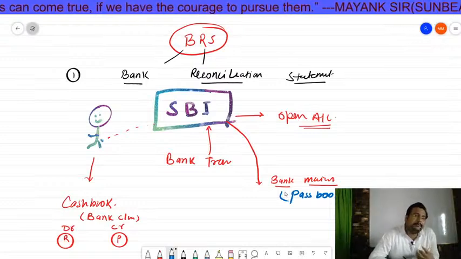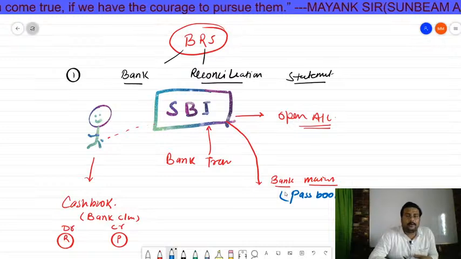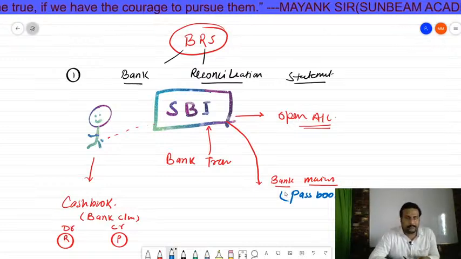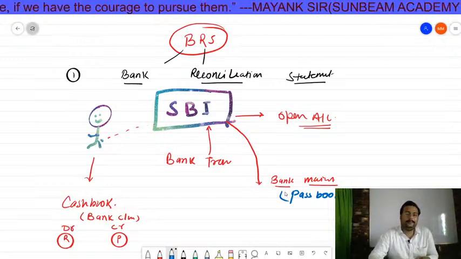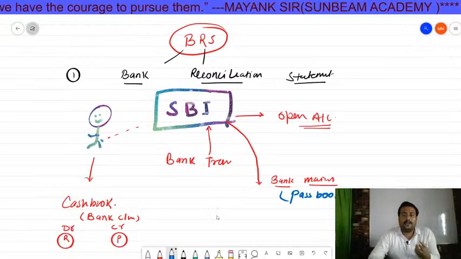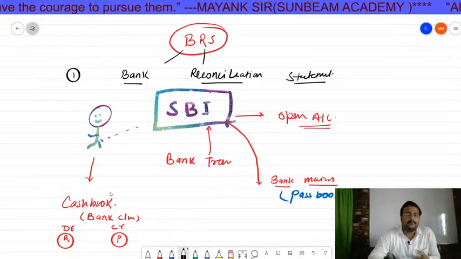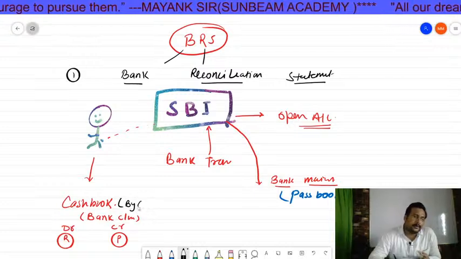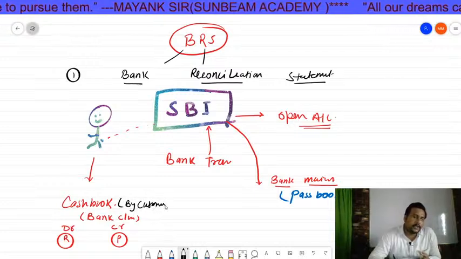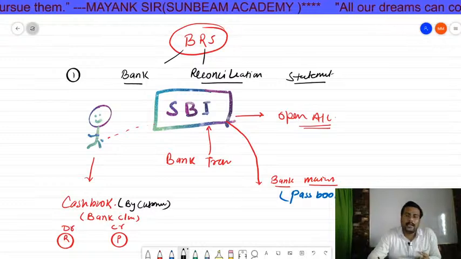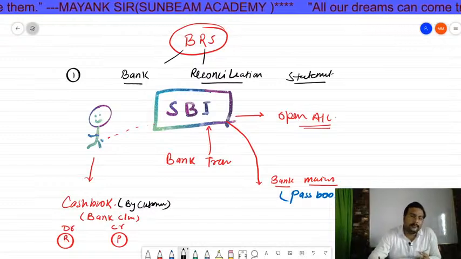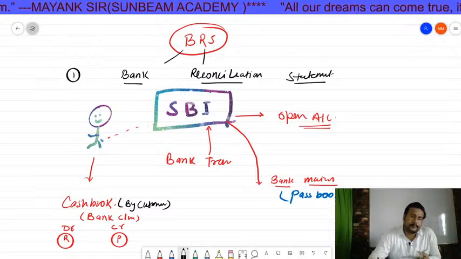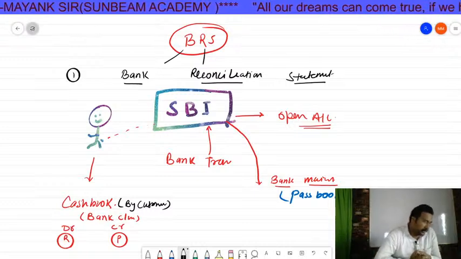So as the businessman prepares the cash book, the bank also prepares the passbook. Okay? Acha. So here one concept comes out. What? That the cash book is prepared by the customer, and the passbook is prepared by the bank.